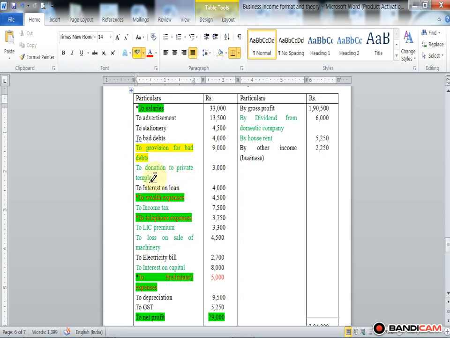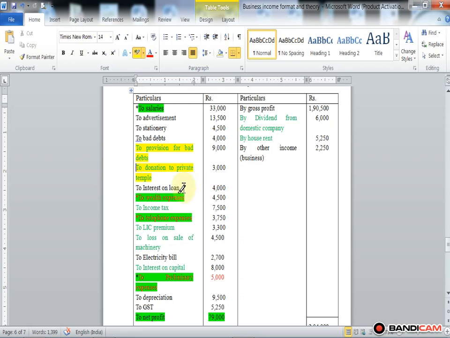Donation to private temple. Donation to private temple is also disallowed. Okay, all donation, whether given to charity or private temple, all are disallowed. Then interest on loan, here remember the note.